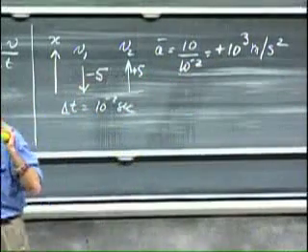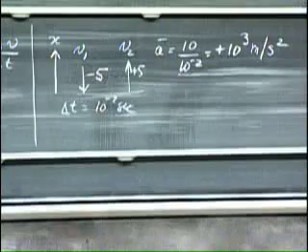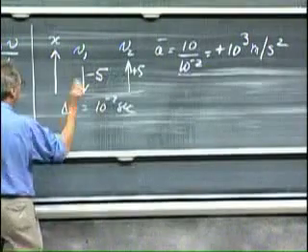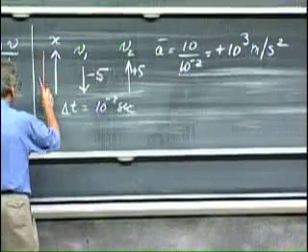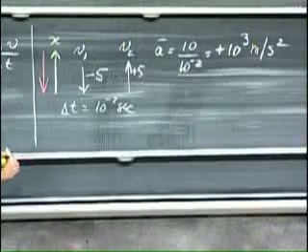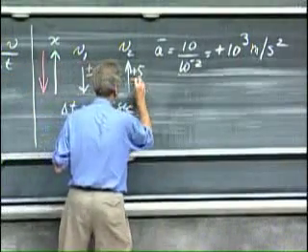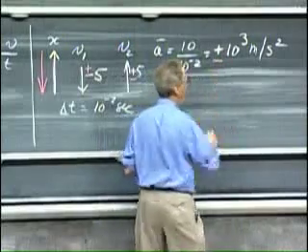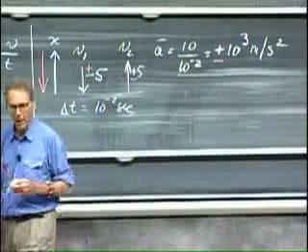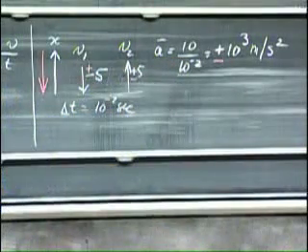I have observed carefully the signs. If now I say, aha, I don't like this, I want to call this the direction of increasing x, no big deal. This would become a plus, this would become a minus, and then the acceleration is minus 1,000 meters per second squared.